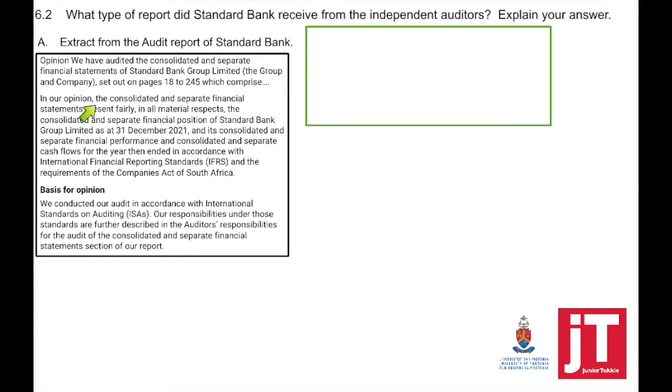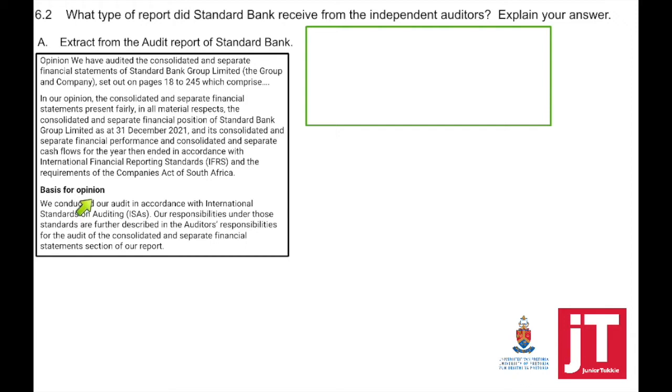In our opinion, the consolidated and separate financial statements present fairly, in all material respects, the consolidated and separate financial position of Standard Bank Group Limited as at 31 December 2021 and its consolidated and separate financial performance and consolidated and separate cash flows for the year ended in accordance with the International Financial Reporting Standards and the requirements of the Companies Act of South Africa.